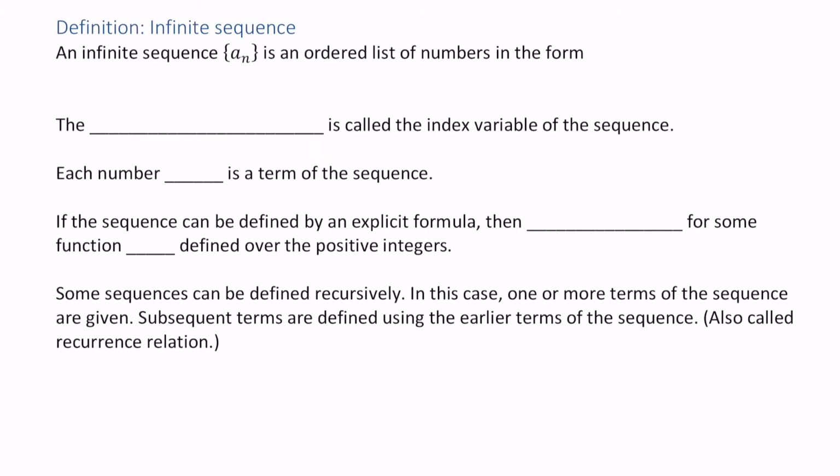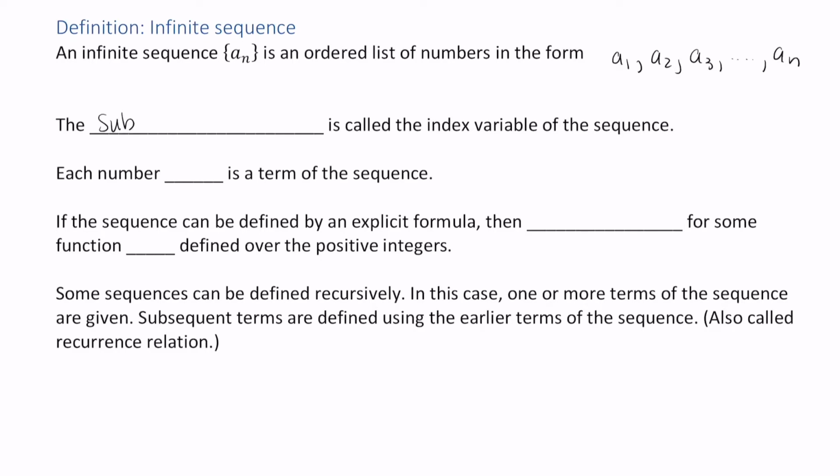An infinite sequence. What you just saw above, these patterns of numbers, are infinite sequences. And infinite sequences are simply an ordered list of numbers in this form. They're going to look like a1, a2, a3, and so on, all the way to the nth term.